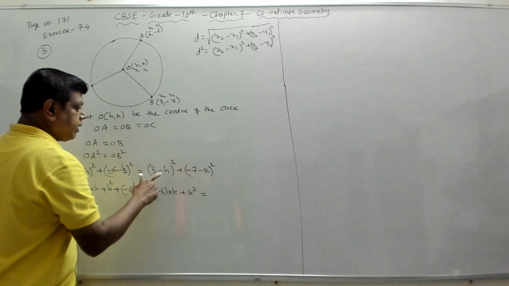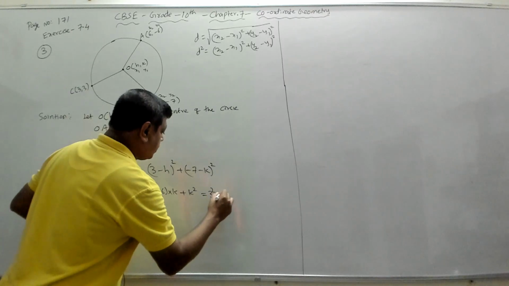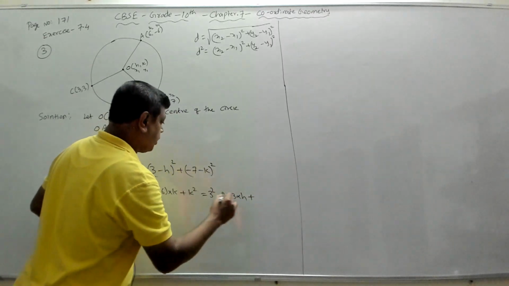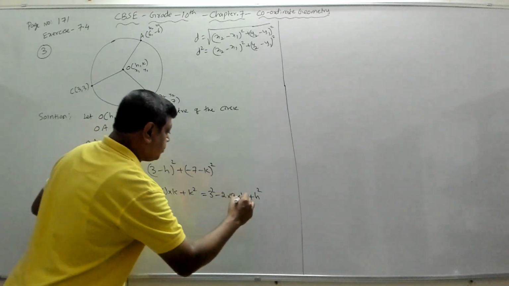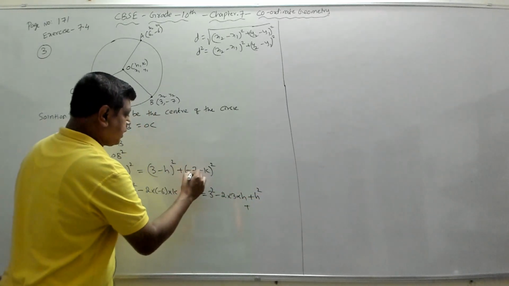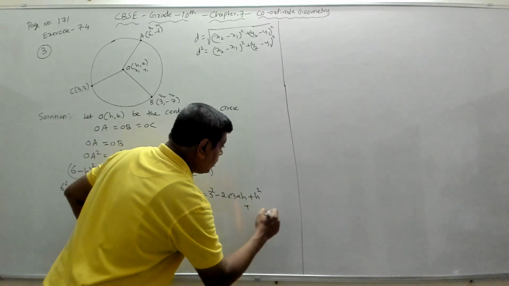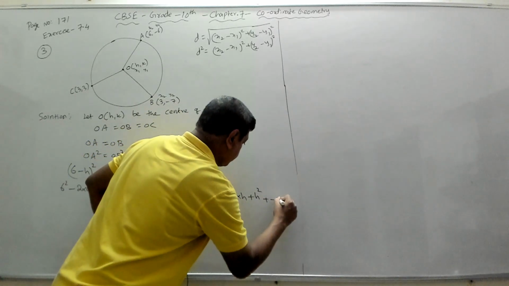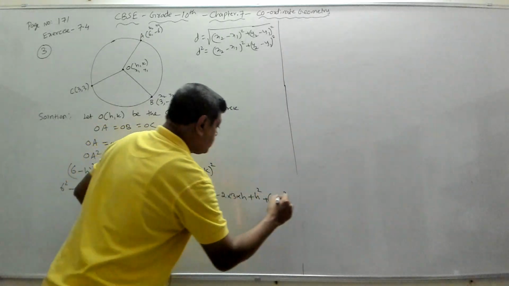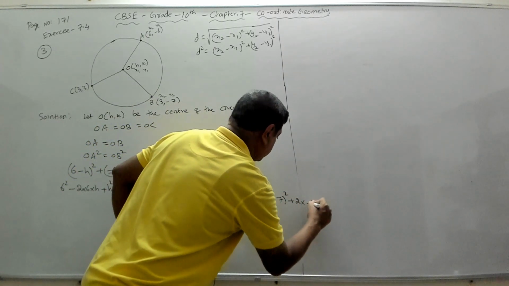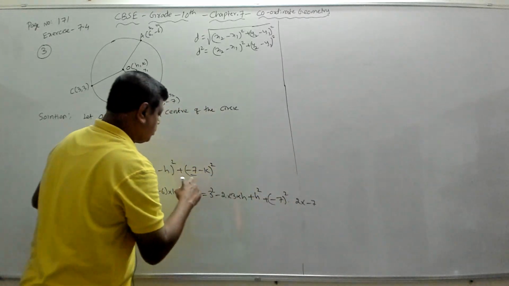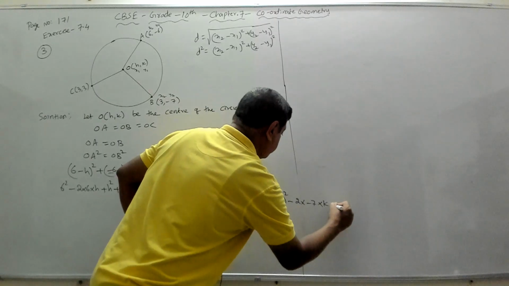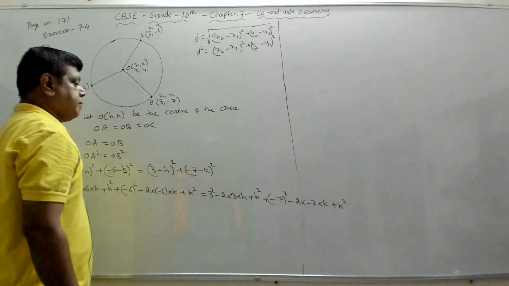That is equal to, again apply (a minus b) the whole square, that is a square minus 2 into 3 into h plus b square, which is h square. Then again plus, here also we can take this as a, so plus (minus 7) the whole square, a square minus 2ab plus b square.